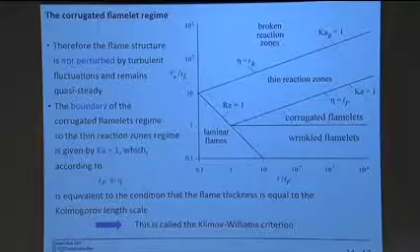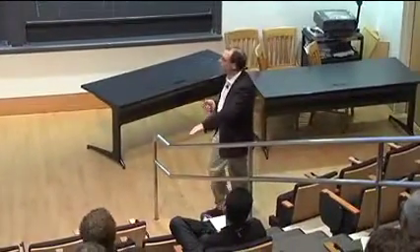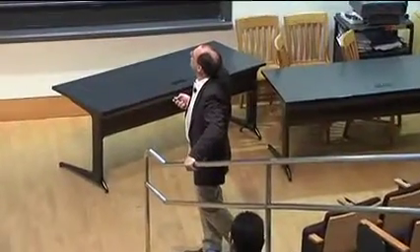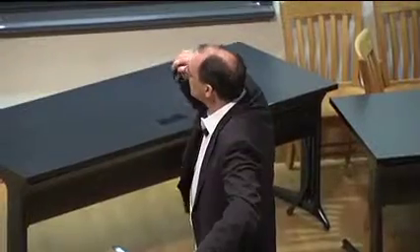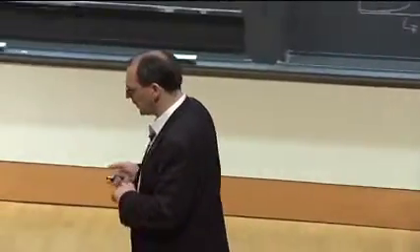So, we said that in the thin reaction zones regime, the reaction zone is still intact, but there's mixing in the preheat zone, and we said the thickness should be this Lm, which we determined. Then we can look at experiments here. These experiments show the temperature measured in the premixed jet flame and the CH radical.